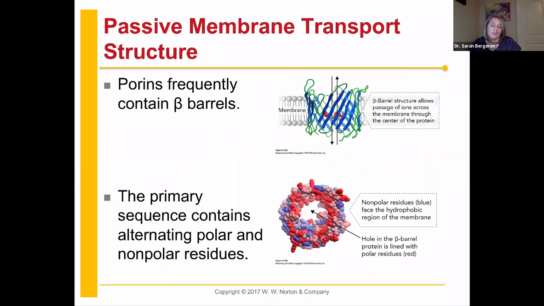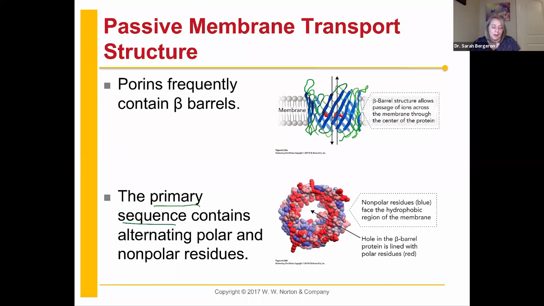Okay, so let's look at some different structures. One of the typical structures is a beta barrel. So porins are typically beta barrels, and a beta barrel is just a structural motif. In this kind of motif, our primary sequence, the list of amino acids, contains alternating polar and nonpolar residues.